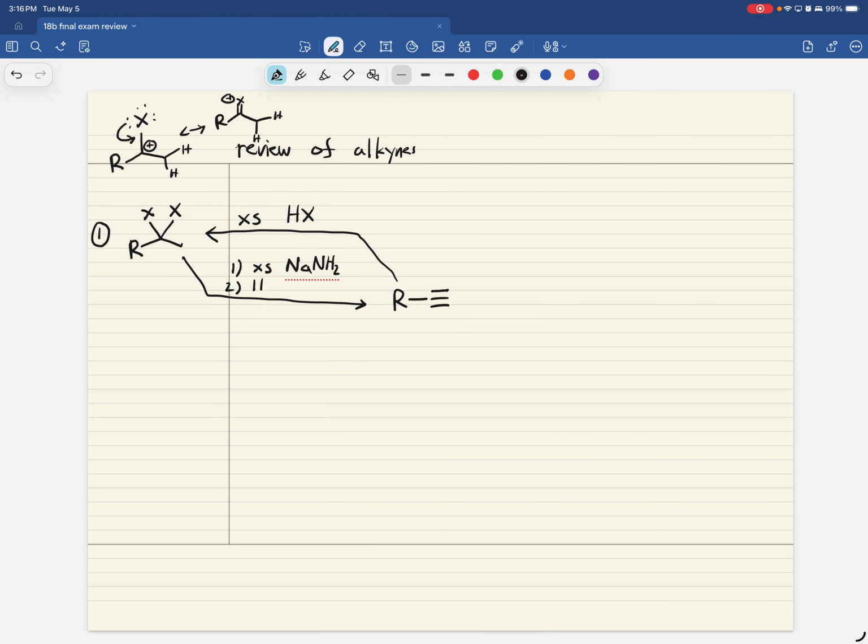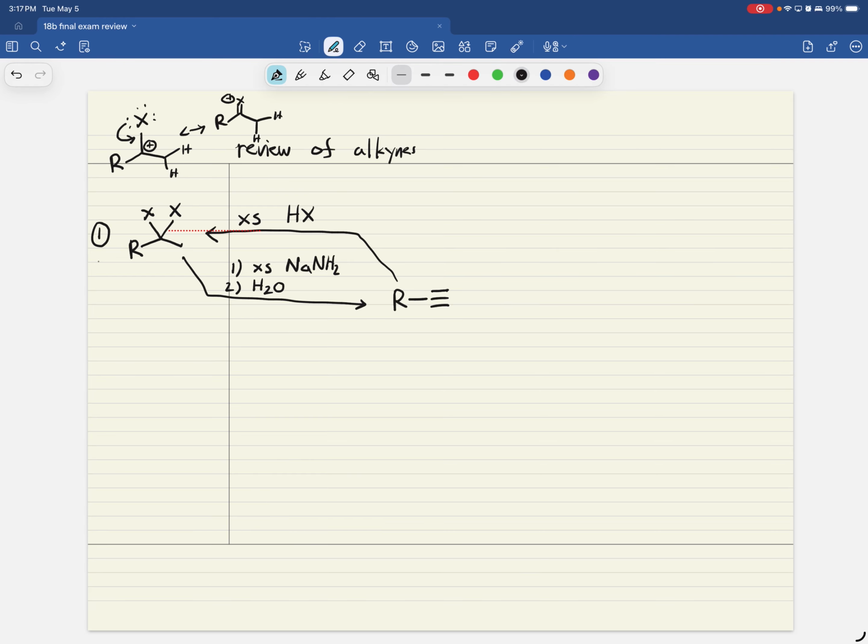And then you need a protonation source; H2O will do the job. When you synthesize something like this, you would want to write excess, just to make sure everything goes to completion. So this is reaction one.